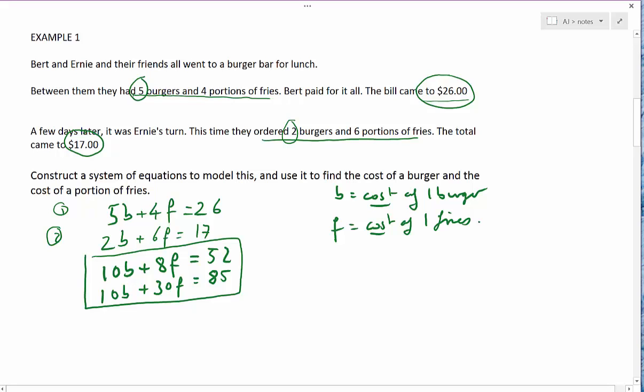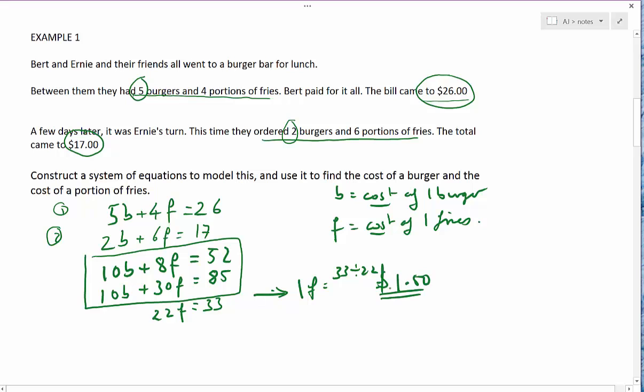So realistically, what's happened is that Ernie's bigger order, which is 30 fries, now has 22 fries more than Bert's order, and that is causing a difference in cost of $33. So the fact that Ernie had 22 portions of fries more than Bert has caused a difference in cost of $33.